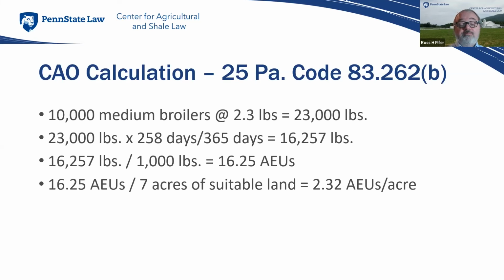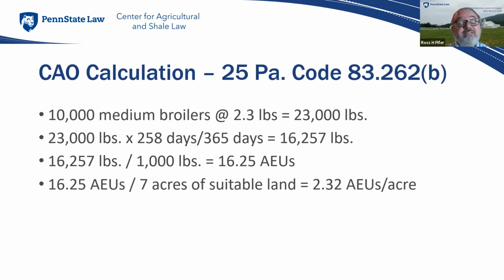Now, if this farm had 2 acres of homestead, 3 acres of wooded land, and 7 acres of cropland, 7 acres would be the amount, because that is the land that would be available for spreading manure. So you do the math and you come up with 2.32. So this farm is just over the standard.